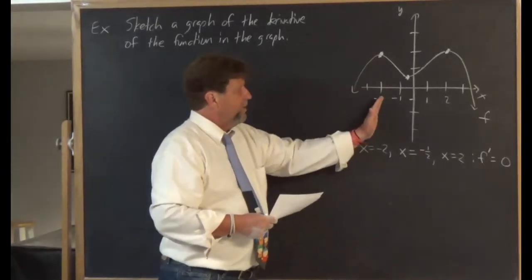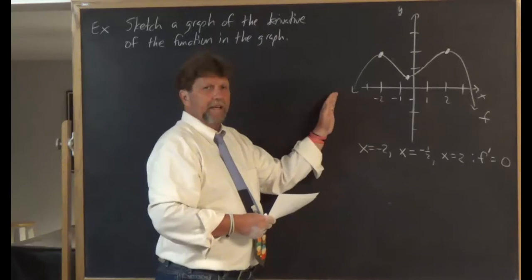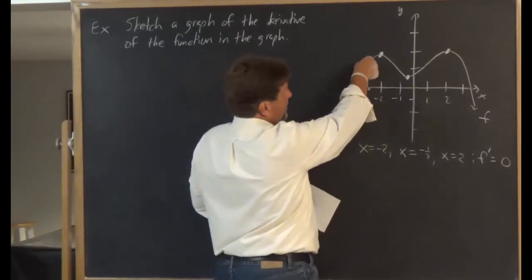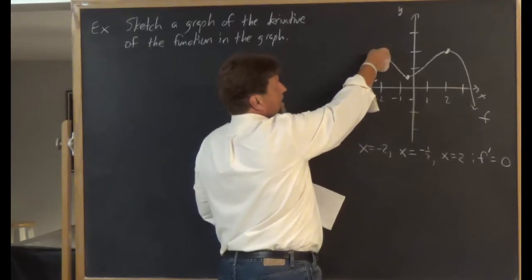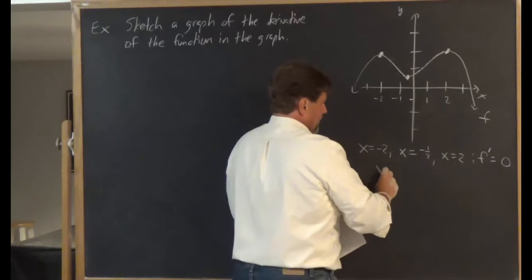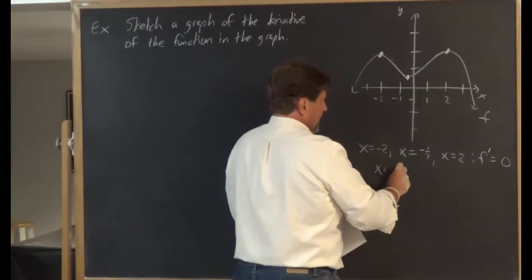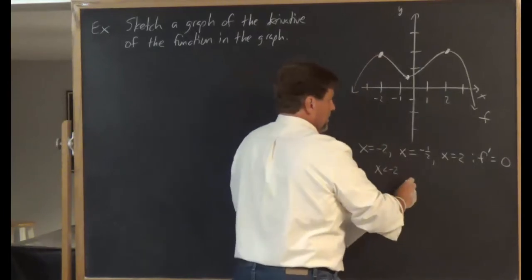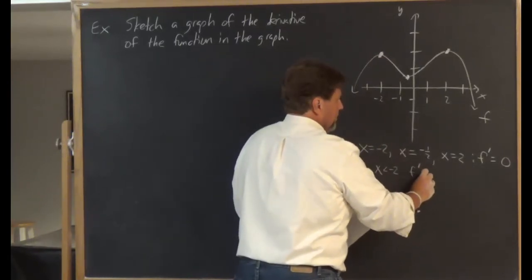Now for any value of x that's to the left of -2, any tangent line that I would draw, doesn't it look like it would have a positive slope? Let's make note of that. For x less than -2, any tangent line would have a positive slope. That means the derivative would be positive.